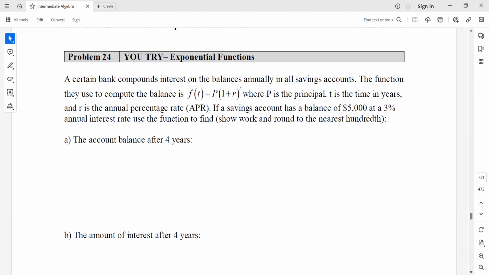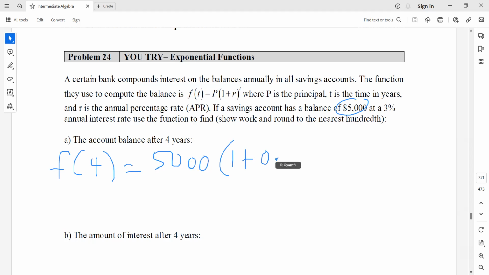So that one, remember you already have the function. So if you want to find the account balance, then you have f of 4 equals P, right? And what is P? 5,000. So you do 5,000 times (1 plus r), which is what? 3%. So 3% is 0.03, to the power 4.